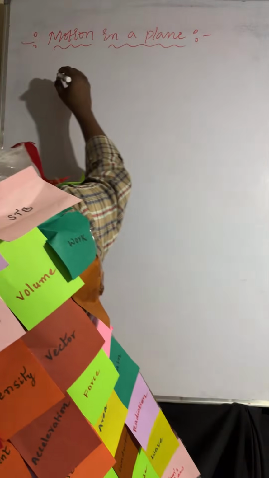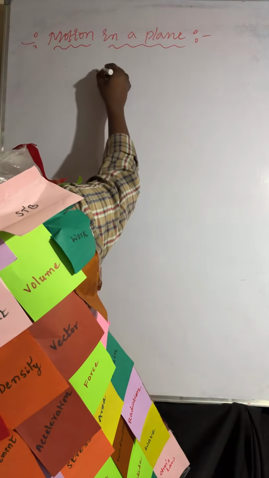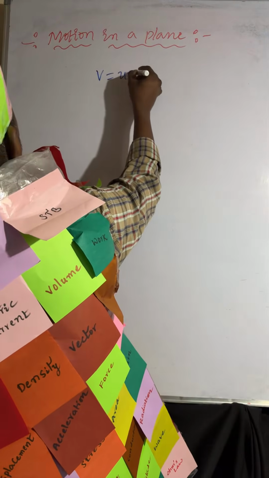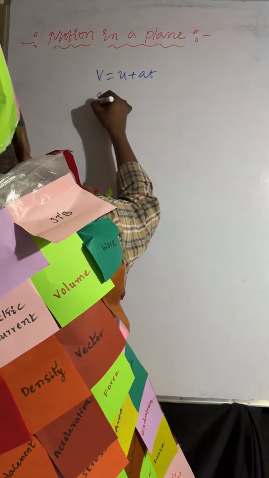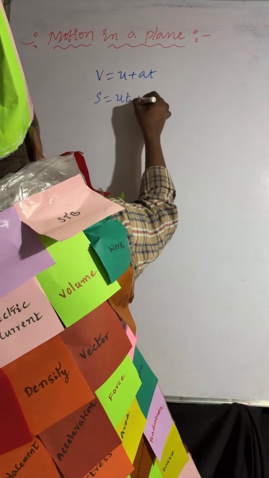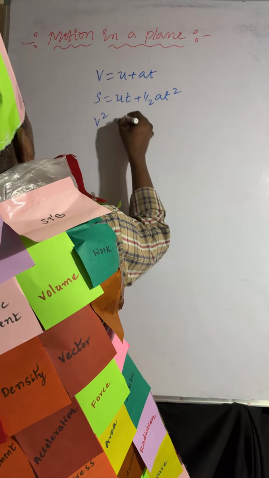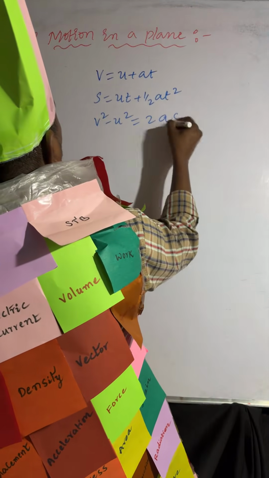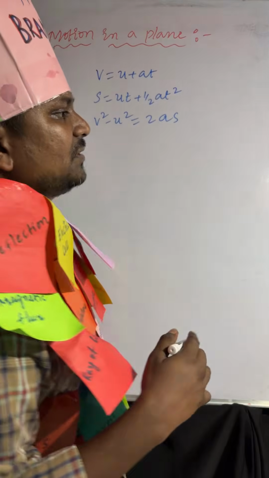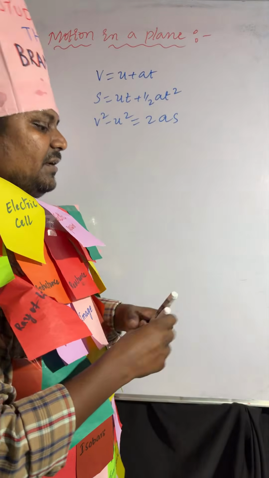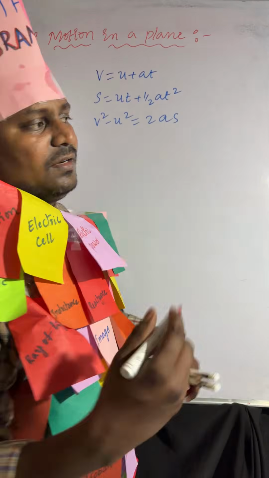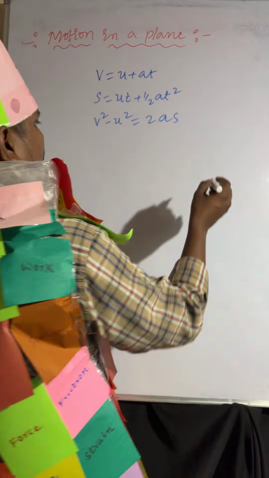Now we know the equations of motion: v equal to u plus at, s equal to ut plus half at square, and v square minus u square equal to 2as. So those quantities we have to convert into angular quantities.